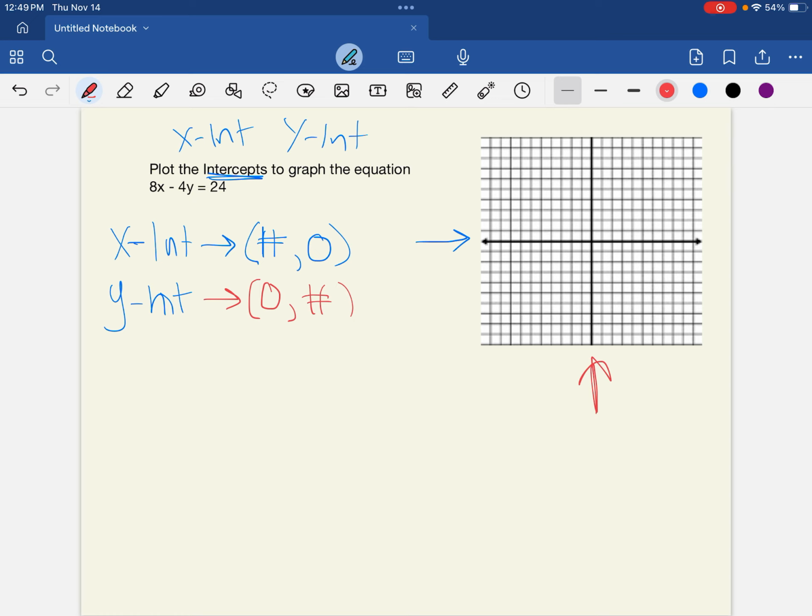Now I'm going to leave this up, and I'm probably going to run out of room because of it, but that's okay. So what I'm going to do is find the x-intercept and y-intercept of our equation right here. It does not matter which one you start with. I'm just going to follow alphabetical order, and find the x-intercept first.